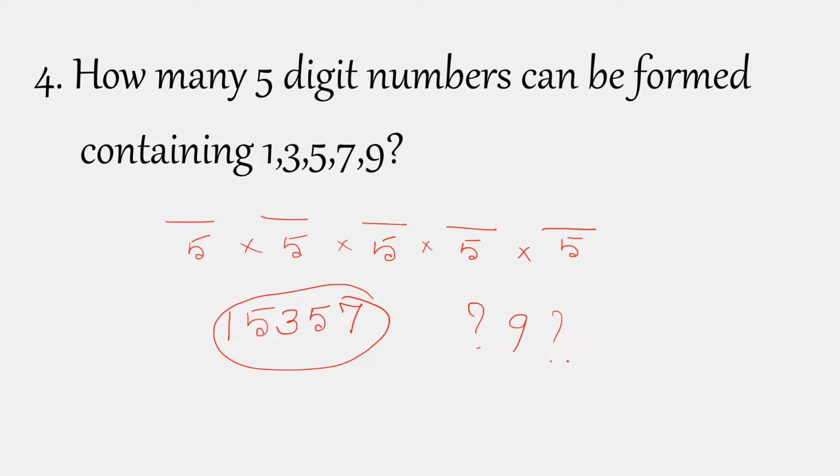What is the given question? How many 5-digit numbers can be formed containing 1, 3, 5, 7, 9? It should contain all the 5 digits. So in this question, it indirectly means that repetition is not allowed. Containing need not always have the same meaning as repetition not being allowed.